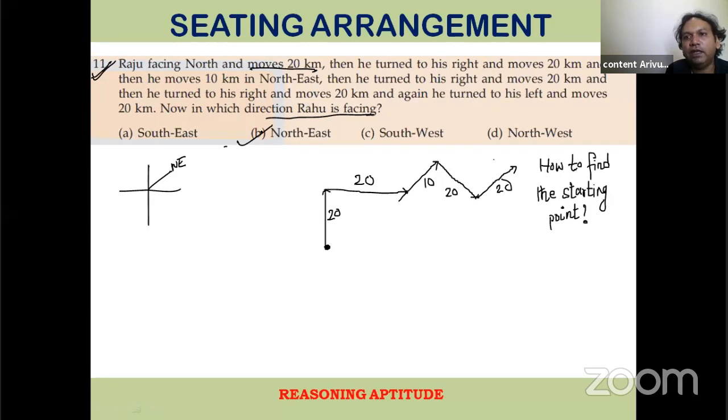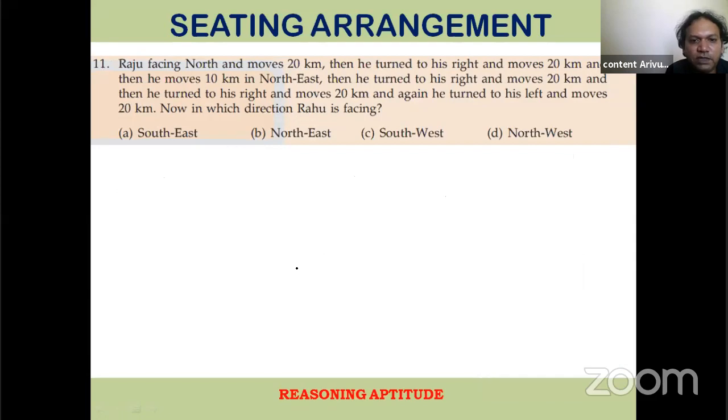Take note of the diagram. One second, let's make the diagram once again. Keep a starting point, and he moves 20 kilometers north and turns to his right and moves 20 kilometers. Then he moves 10 kilometers northeast. Then he turns to his right and moves 20 kilometers.